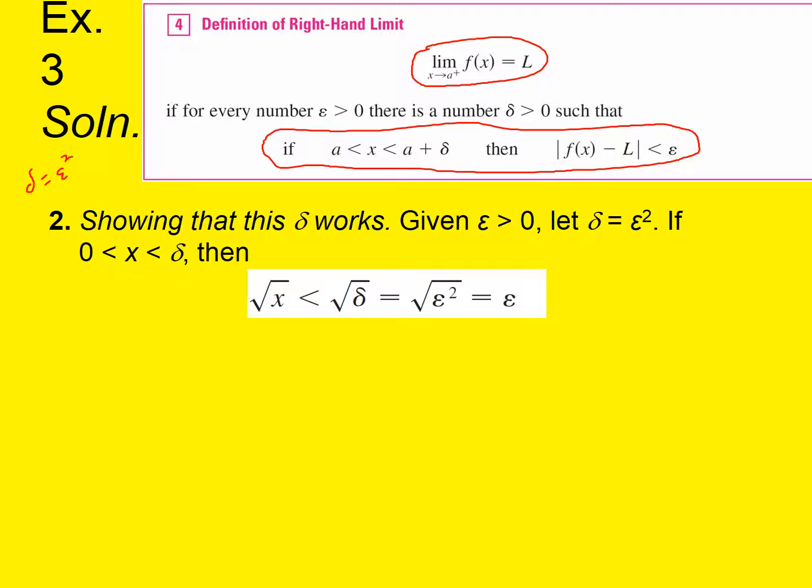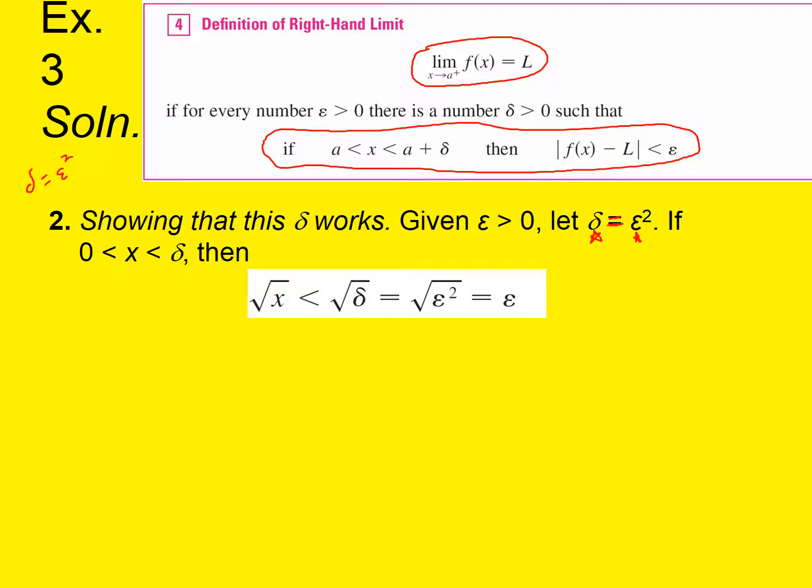Now we're allowed to do that, right? You might be wondering, why do we get to do that? Well, we just need to show that for every epsilon there's a delta. For every epsilon there's a delta: just square the epsilon and you've got the delta.